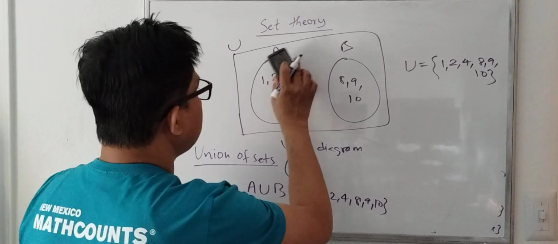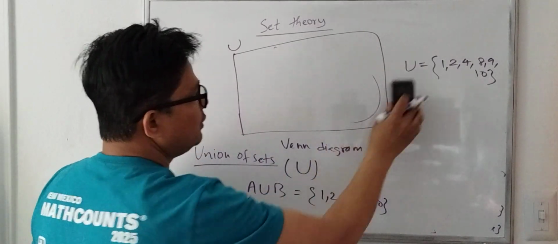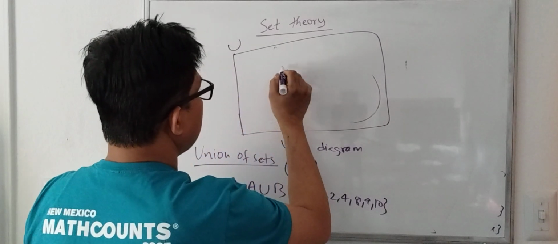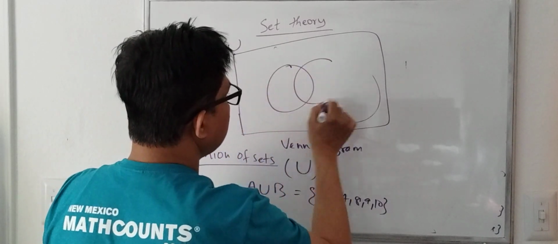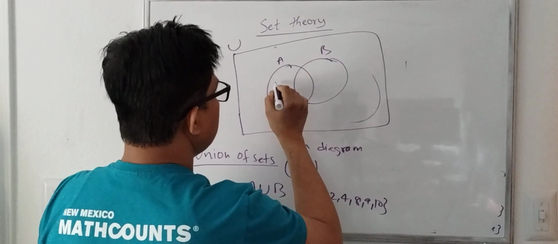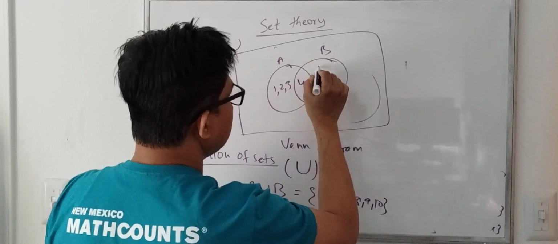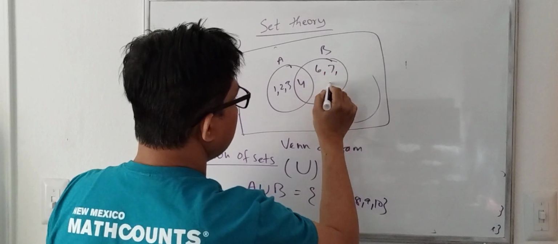Now take another example here. A here, B here. 1, 2, 3, 4 here, 6, 7, 8.